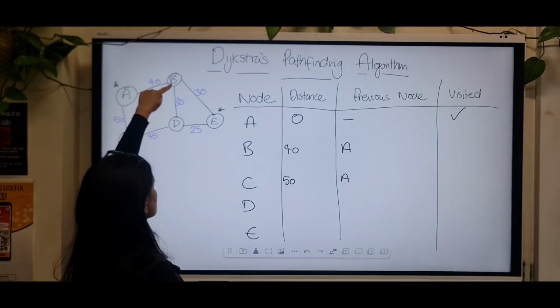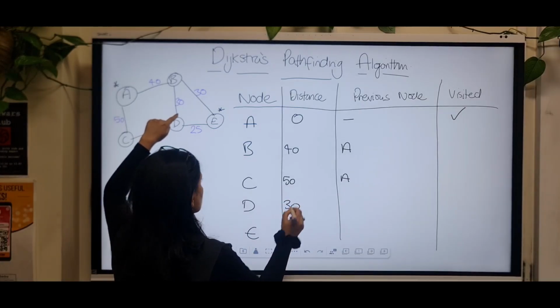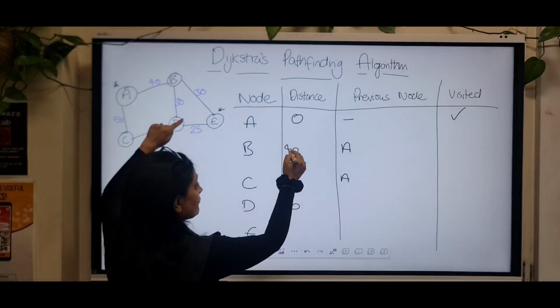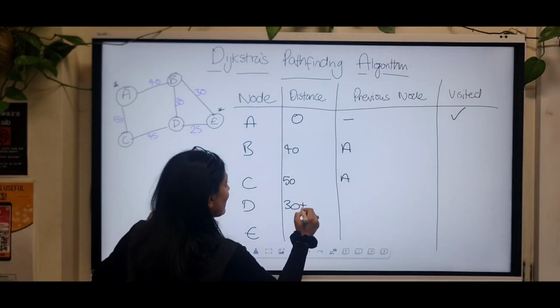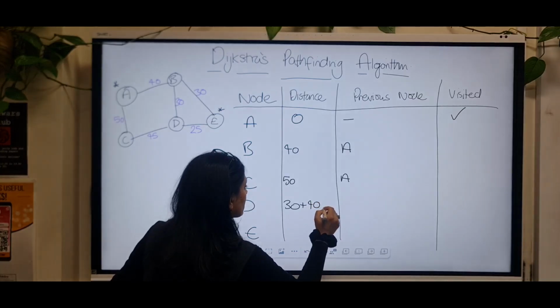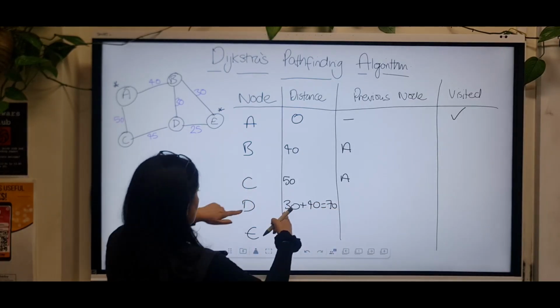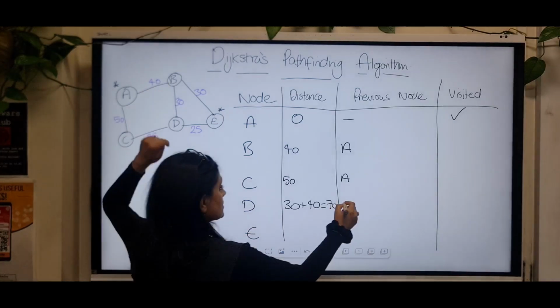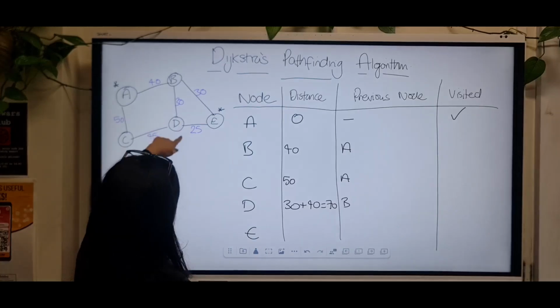So we're now going to focus on B to D, which is a distance of 30. Now we also need to include the value of B, because we can't forget that. So 30 plus 40 is 70. And the node that we have just come from is B, or the previous node. So we've got that.